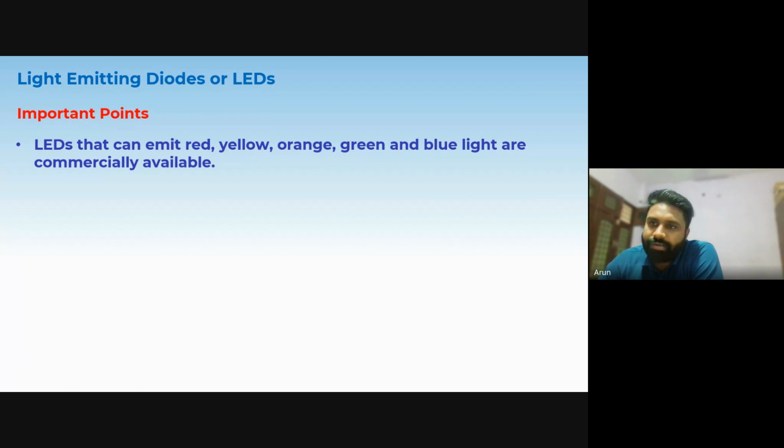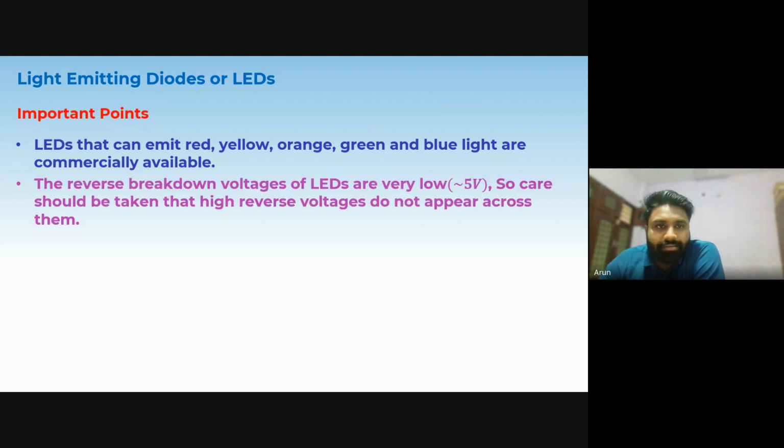Now an important point you can remember: LEDs that can emit red, yellow, orange, green, blue light are commercially available. You can go and buy them. We usually do that. Okay. The reverse breakdown voltage of an LED is very low. It is less than 5 volt.